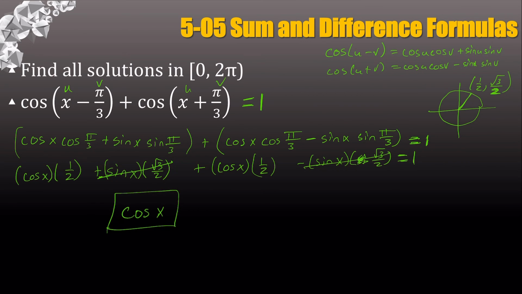So my problem's lacking what it equals. Can't solve an equation if it doesn't equal anything. So if it equals 1, we have to decide where does cosine equal 1. Cosine is the x. 1 is right there. That's at 0. So x equals 0.